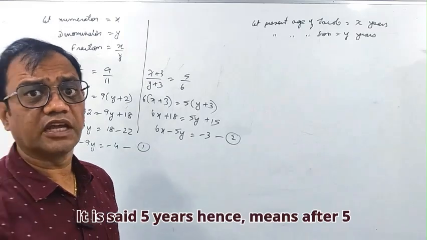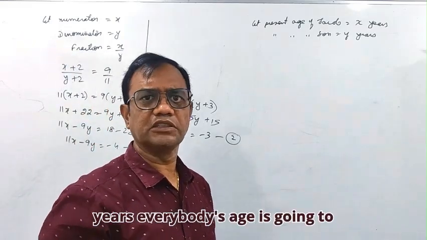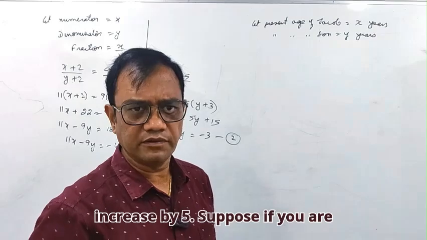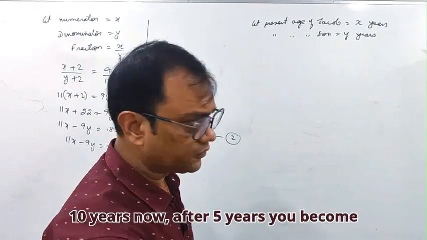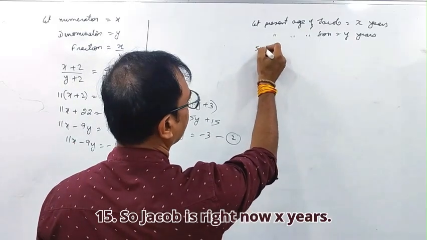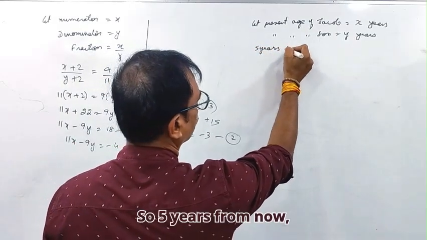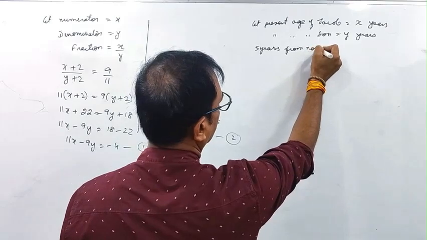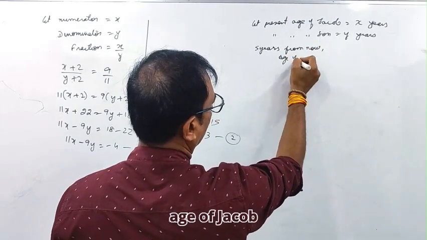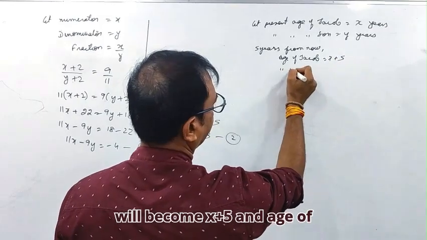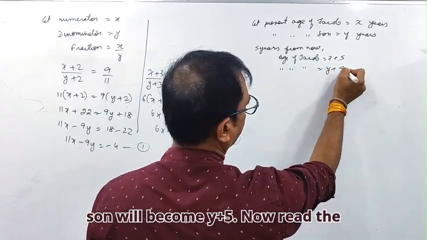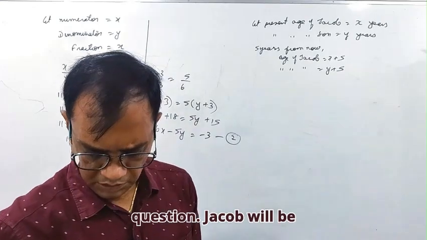It is said 5 years hence, means after 5 years everybody's age is going to increase by 5. Suppose if you are 10 years now, after 5 years you become 15. So Jacob is right now x years. So 5 years from now, the age of Jacob will become x plus 5 and the age of son will become y plus 5. Now read the question.